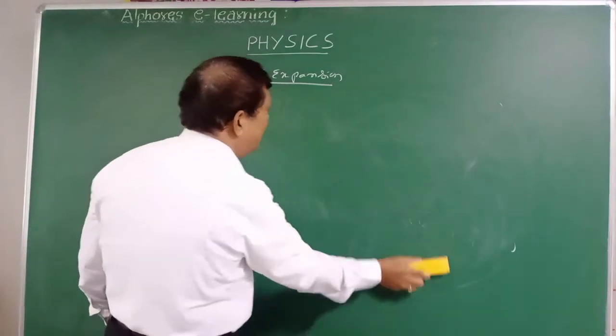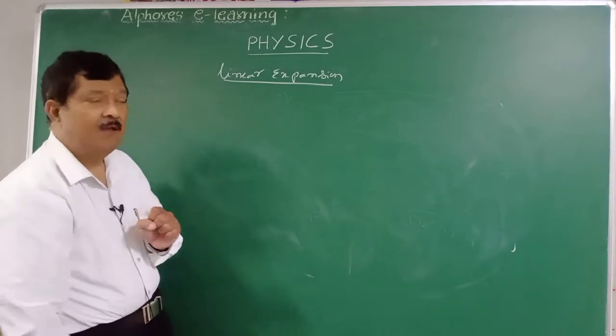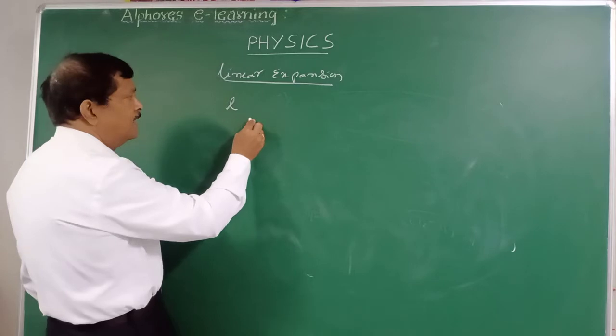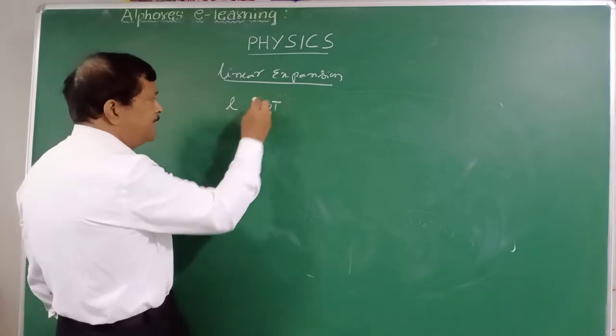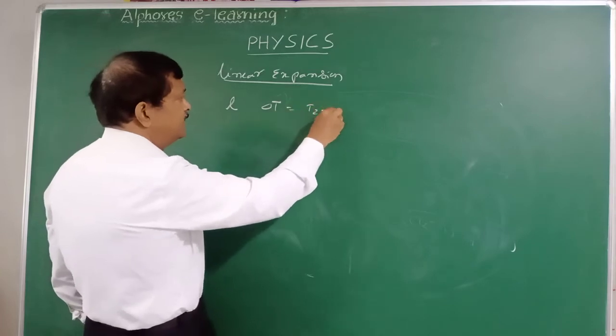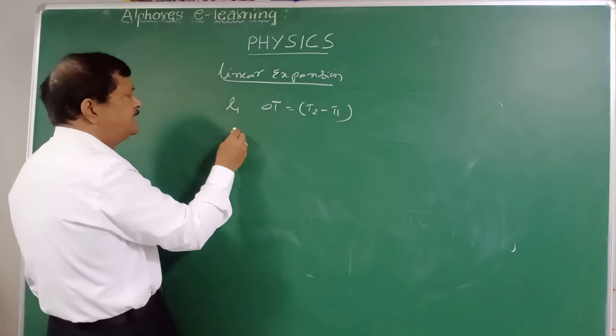Now, after knowing this change in length and values of alpha, let us discuss an important change in length. We have considered a rod of length L corresponding to a change in temperature delta T, that is T2 minus T1. Let me write delta T is T2 minus T1, and L1 is the initial length and the final length is L2.